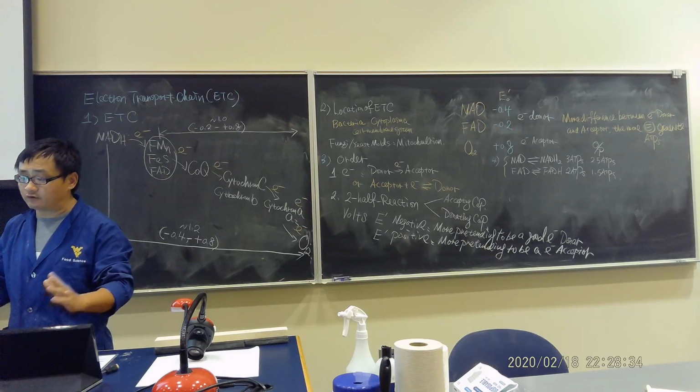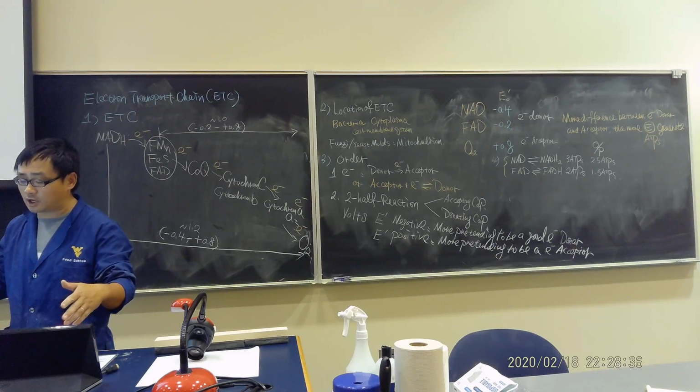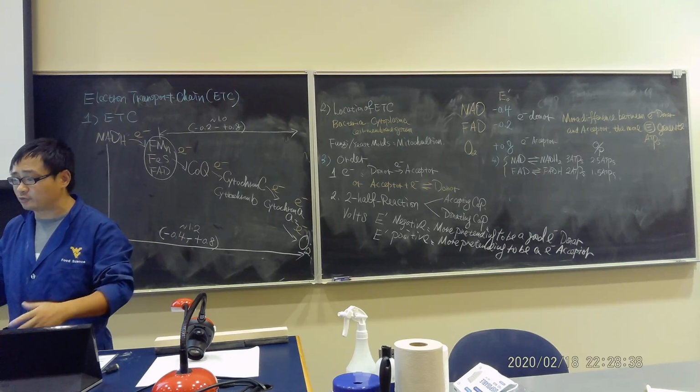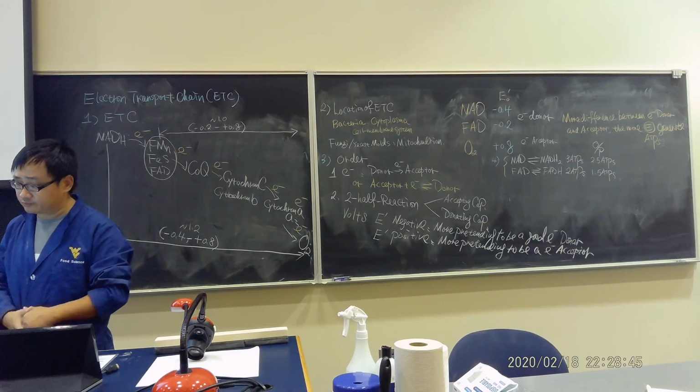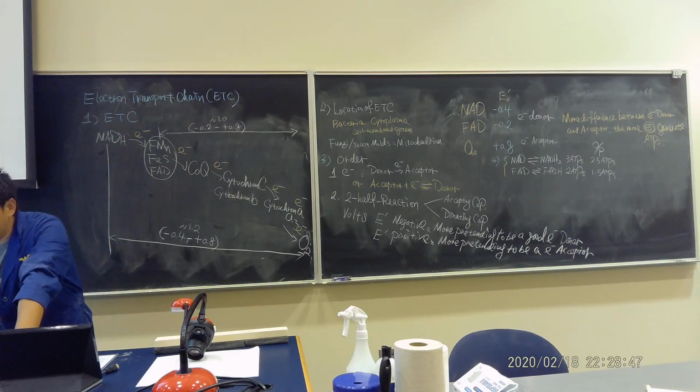This one is used for the carbon cycle, the carbon dioxide fixing cycle. We're not going to talk about this in this class. Flavin adenine dinucleotide, FAD. And here is something about their formulas.